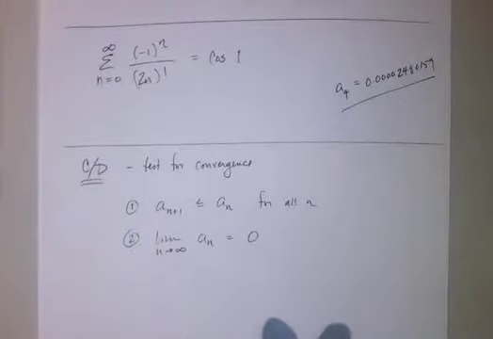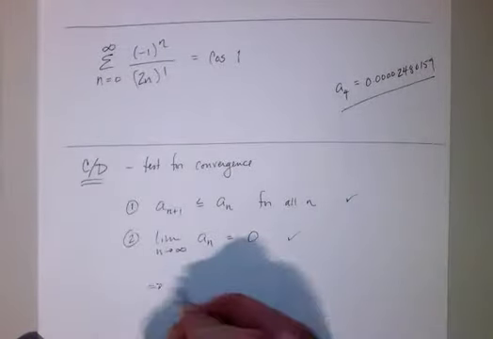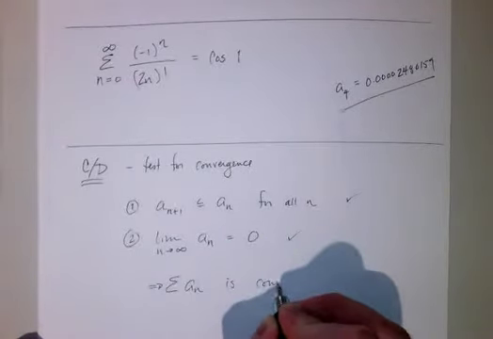Because like I've said before, if it's decreasing in each term, but it's decreasing towards 1, that's not helpful. It's got to be decreasing towards 0. Each term has to be closer and closer to evaporating into nothingness in order for it to be convergent. If both of these are satisfied, then sigma a sub n is convergent.